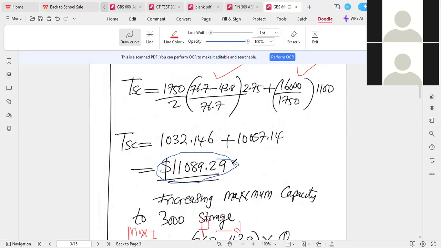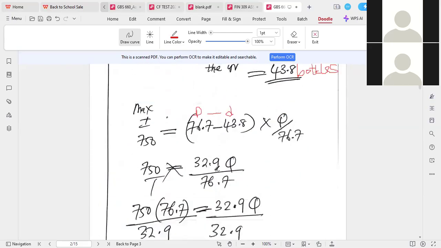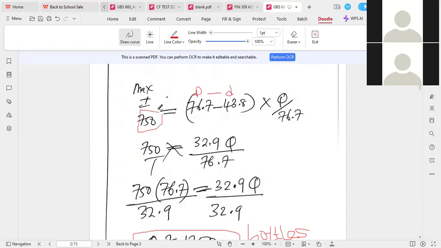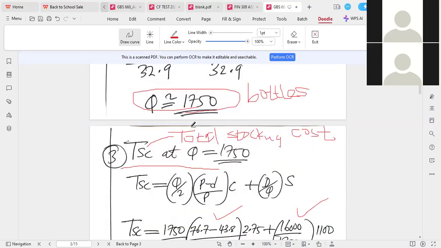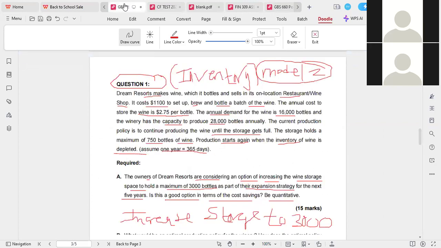That's the total stocking cost for a maximum storage capacity of 750 bottles.